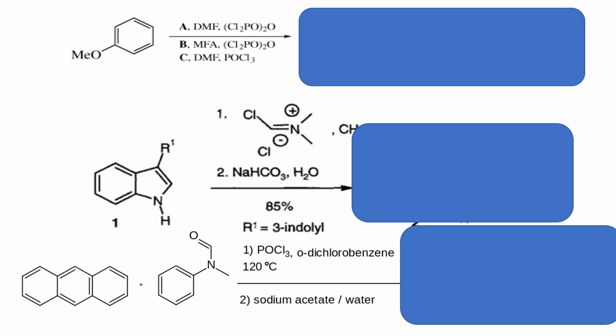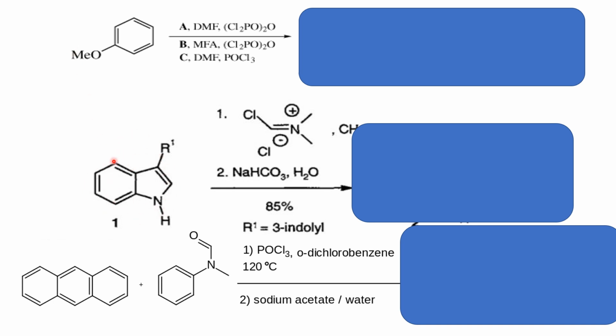So take down these reactions, complete the product, and do it as homework. See, I have an OMe derivative here. It is an active aromatic ring due to OMe. Here I have another heterocyclic compound.